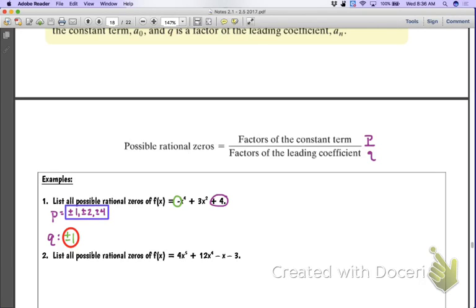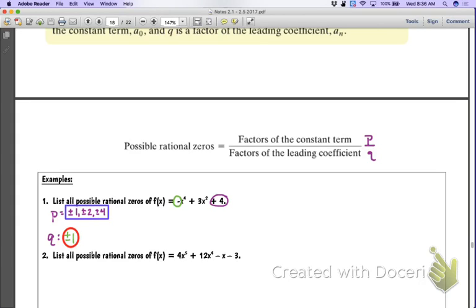That means everything that's in the box is going to be divided by everything that's in the circle. Since I always will have 1, I'm basically just going to take the list that I have with P and add to it. Is there anything else that I'm going to divide by besides plus or minus 1?